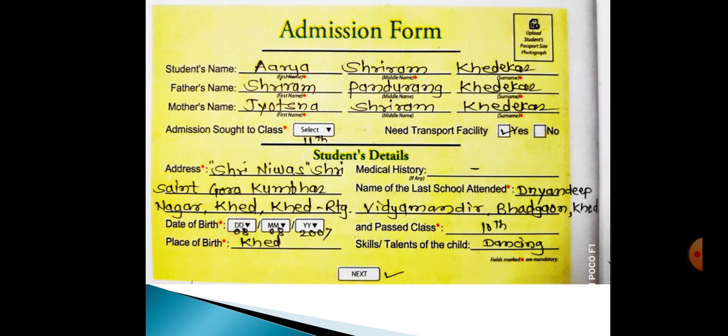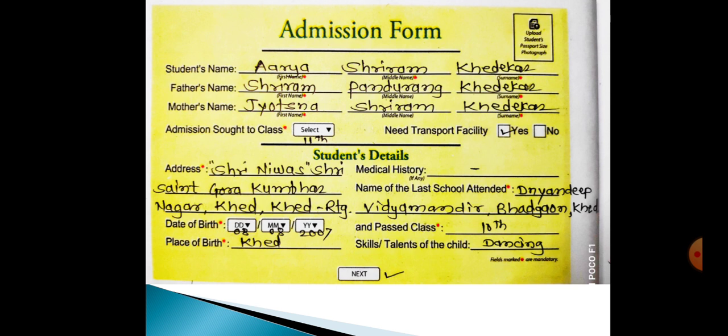First, I show you how I write the student name, then the father of that student. I fill in the information of the student's father. Also, I write the mother of that student, the full name of the mother.